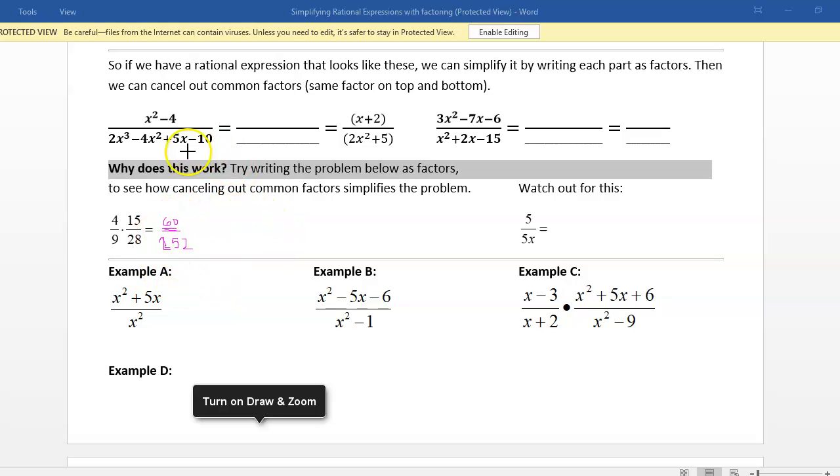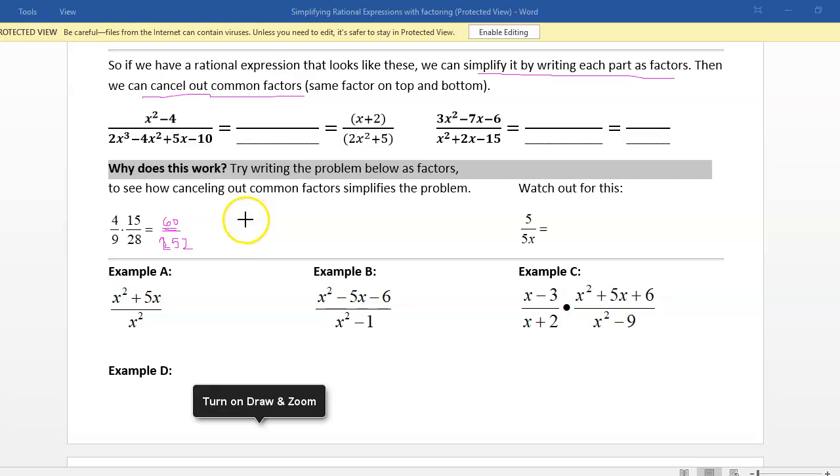Let me use the method that I used up here. Let me write out all the factors of the numerator and denominator, and cancel the common factors from top to bottom and see if I can automatically get this in simplest form when I multiply.